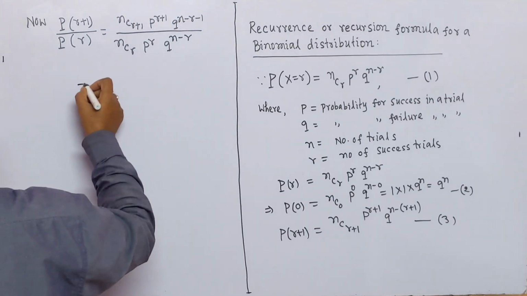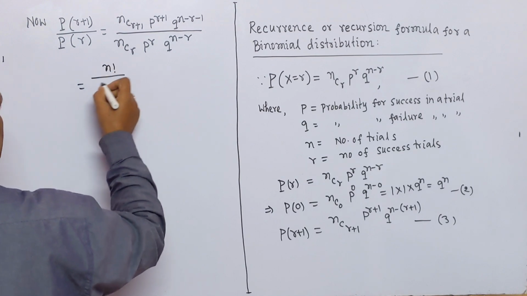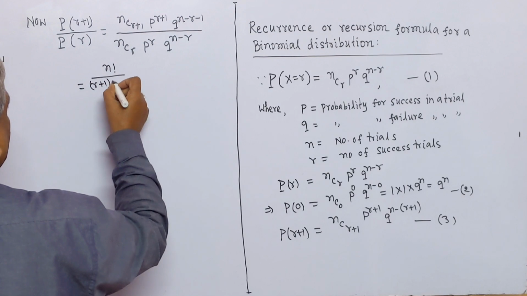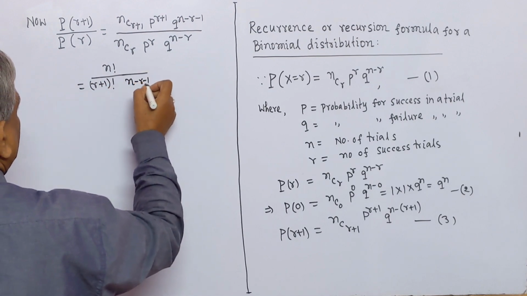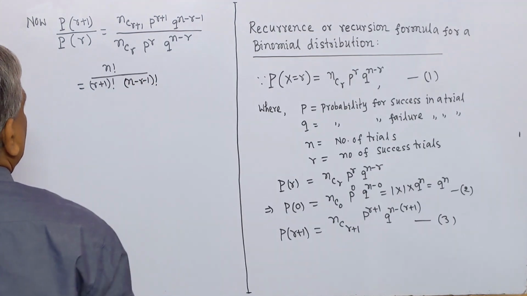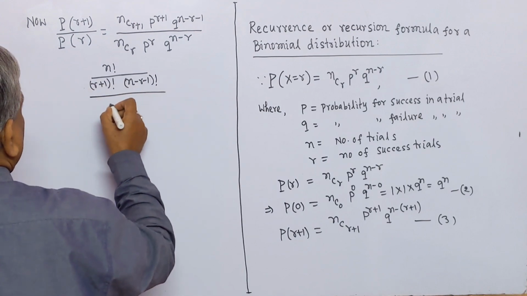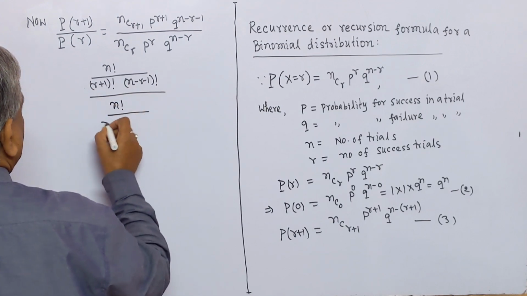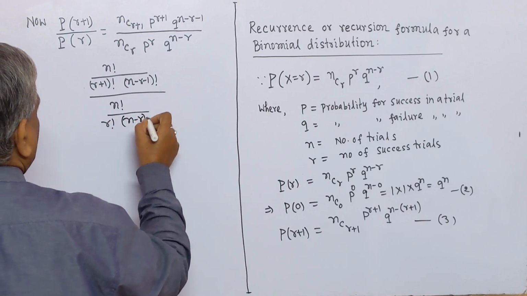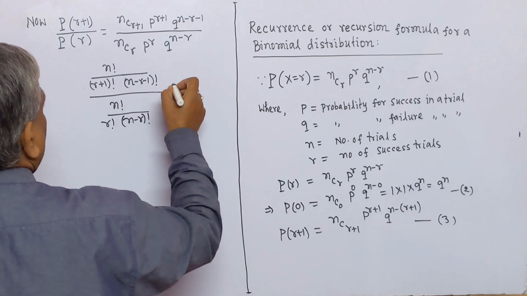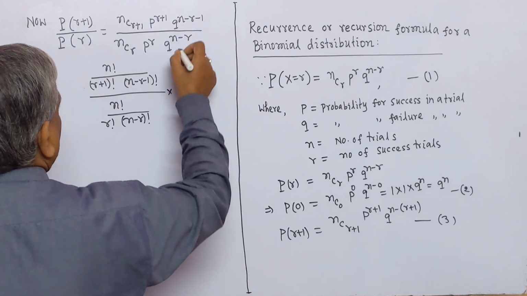and this will be equal to nC(r+1), which means factorial n over factorial (r+1) factorial (n-r-1), divided by factorial n over factorial r factorial (n-r), and here remains p, here remains q.